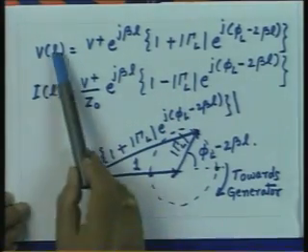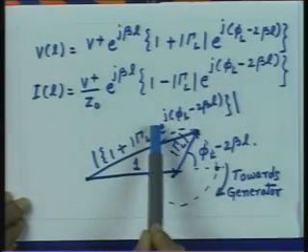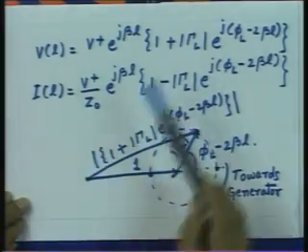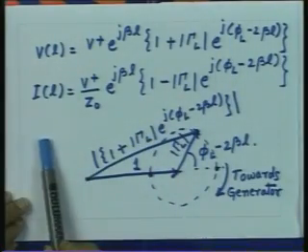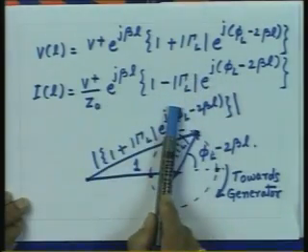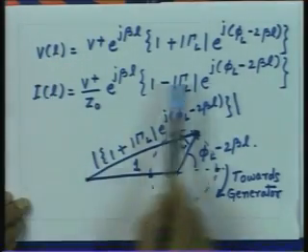So, once I know the voltage and current, I can find out the impedance at this location where the voltage is maximum or the voltage is minimum, or when the current is minimum and the current is maximum. The interesting thing to note here is that irrespective of the phase of V plus, when the voltage is maximum or minimum, the ratio of V and I is a real quantity.